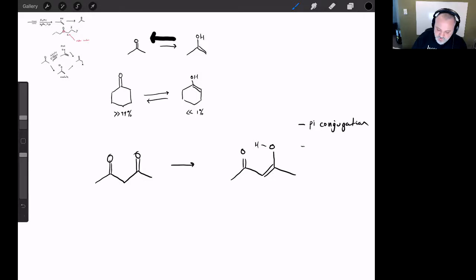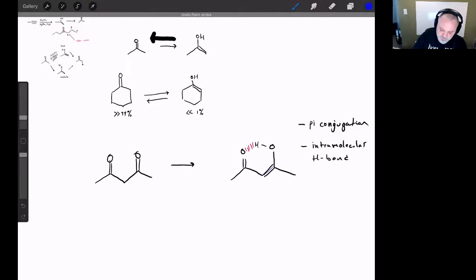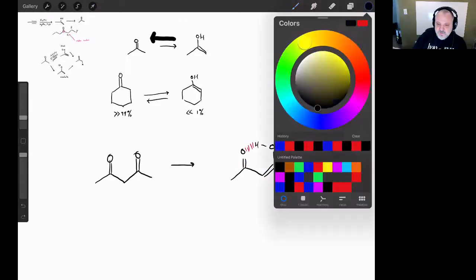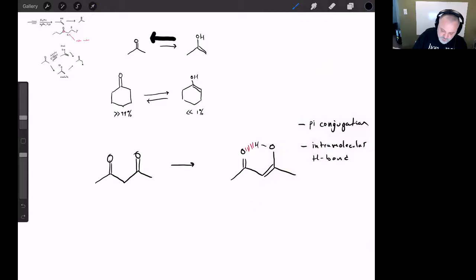And the other factor would be an intramolecular hydrogen bond. So we have an intramolecular hydrogen bond here, and we've got a conjugated pi system here, and that makes a little bit more stability. In fact, in this particular case, we're saying this version is actually favored to exist, but not quite as lopsided as the cyclohexanone example.